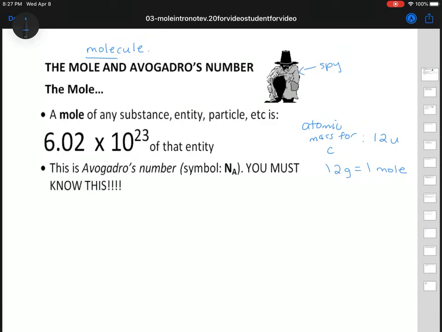A mole is a unit of measure relating to how many particles, or entities, which is the word your textbook uses, are in that amount of a substance. So 1 mole of anything is 6.02 times 10 to the power of 23 particles, entities, whatever.